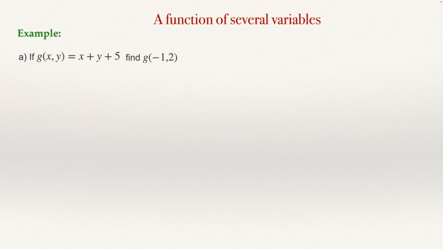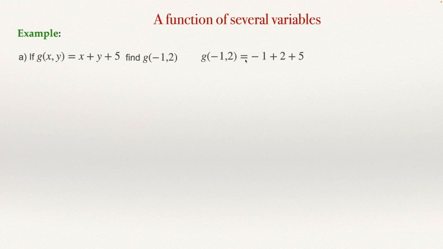But what if we want to find g of minus 1, 2? So what is the image of this pair when the first element is negative 1 and the second element is 2? And they are telling you the rule of assignment. You need to get the first element, add the second element, and add 5 to the result. So actually what you need to do is just make a substitution of each value in the rule. So it will be -1 plus 2 plus 5.